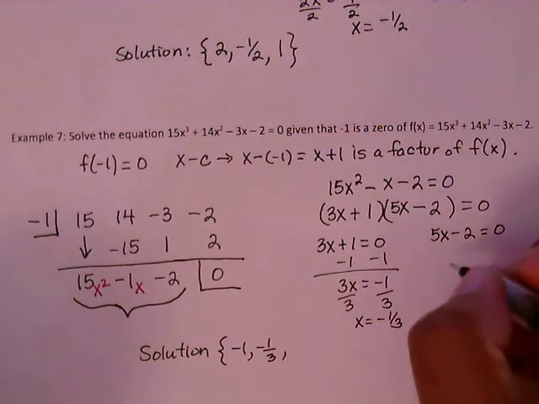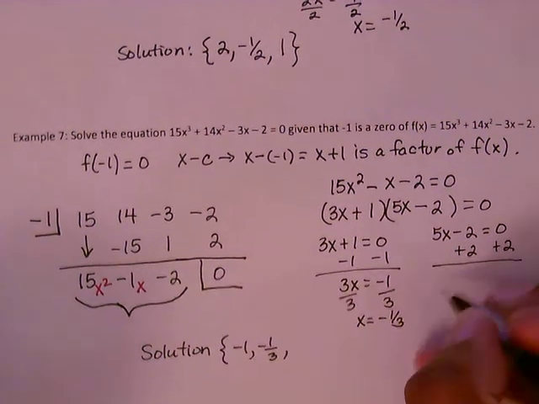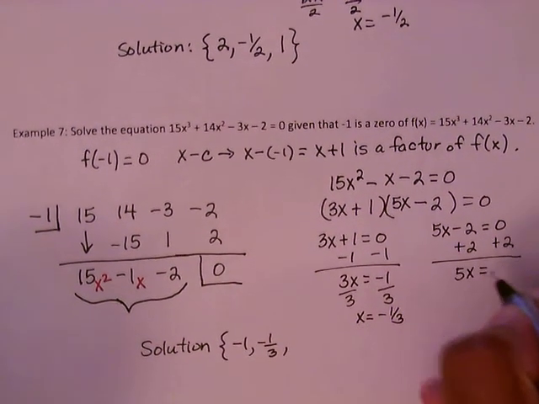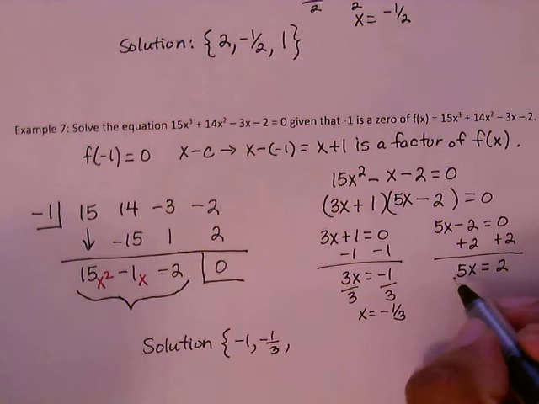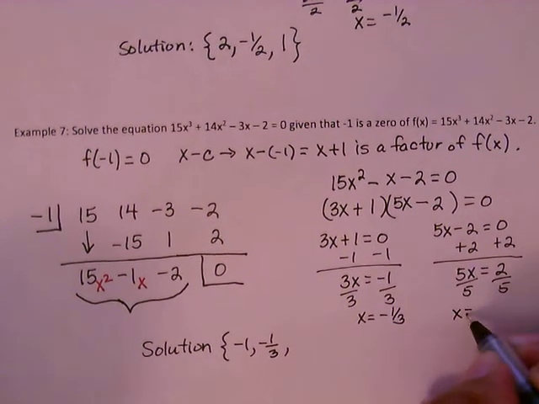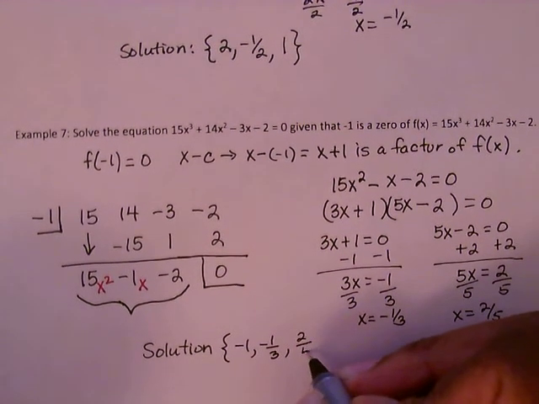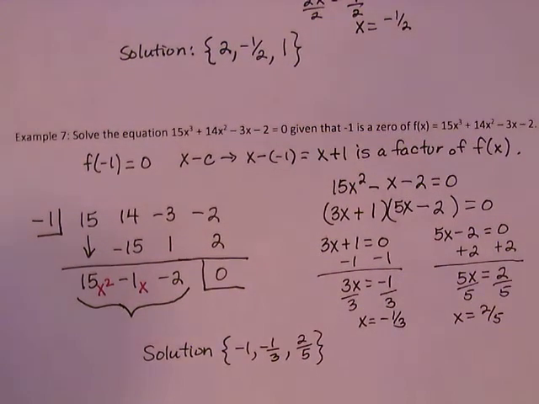And then for the 5x minus 2 is equal to 0, if I add 2, I'm going to get 5x is equal to 2. Divide by 5. You'll get x is equal to 2/5. So these are all the zeros for that polynomial function: -1, -1/3, and 2/5.